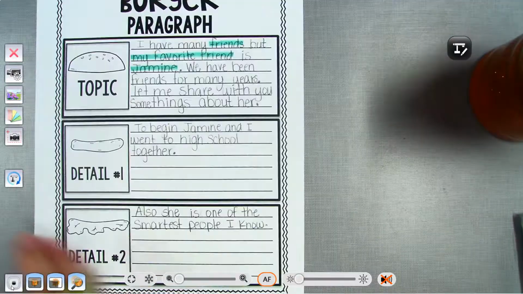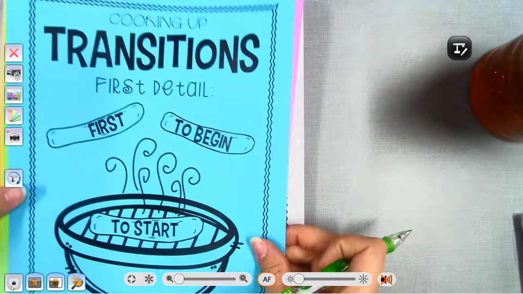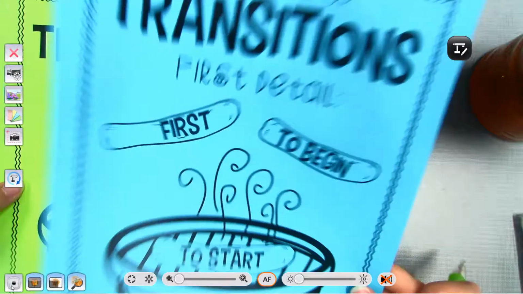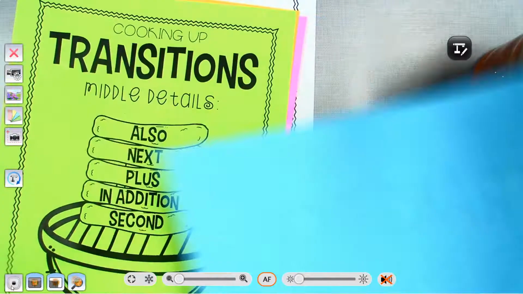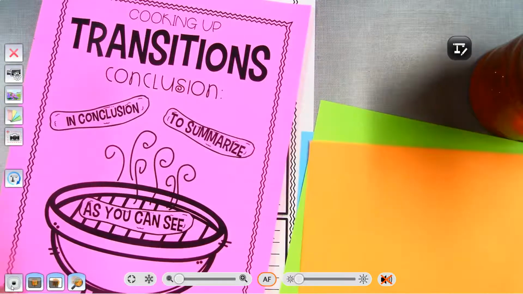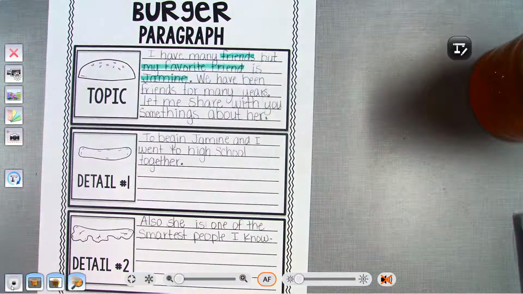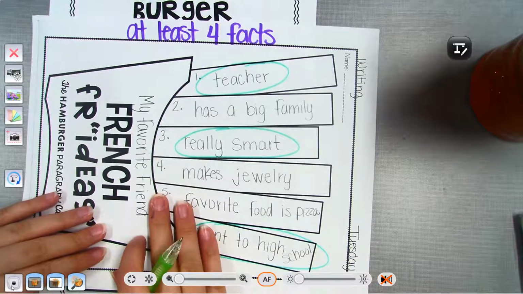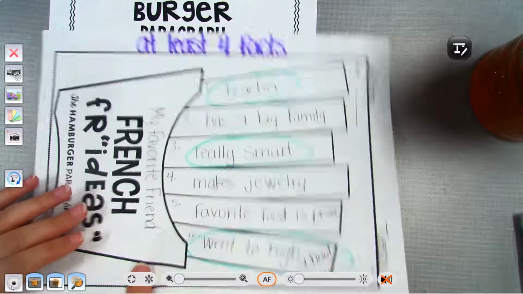Okay, so I'm going to put these up on your assignment so you can see the different transitions you can use when we're writing our first detail, our middle detail, our last detail, and our conclusion. So your job today, guys, is to use your facts that you wrote about your friend. So this is from last week.